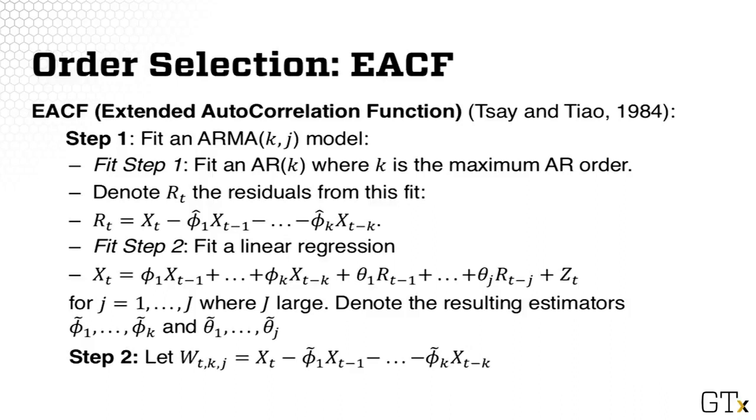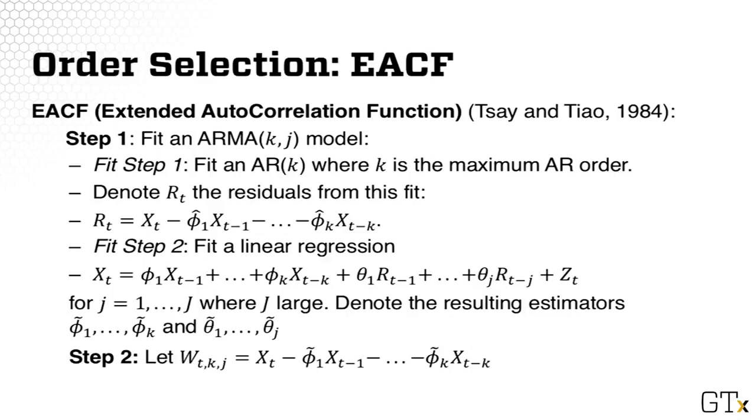x_t variables x_{t-1}, x_{t-2} up to x_{t-k}, and the lagged variables of the residuals r_{t-1}, r_{t-2} up to r_{t-j} for j from 1 up to a large j value. For this regression, we obtain initial estimates for the coefficients of the AR of order k and MA of order j.